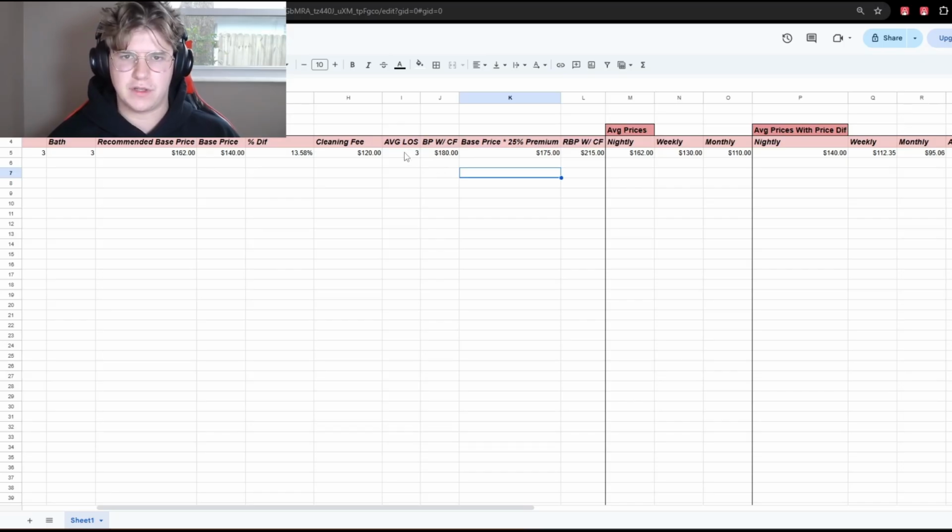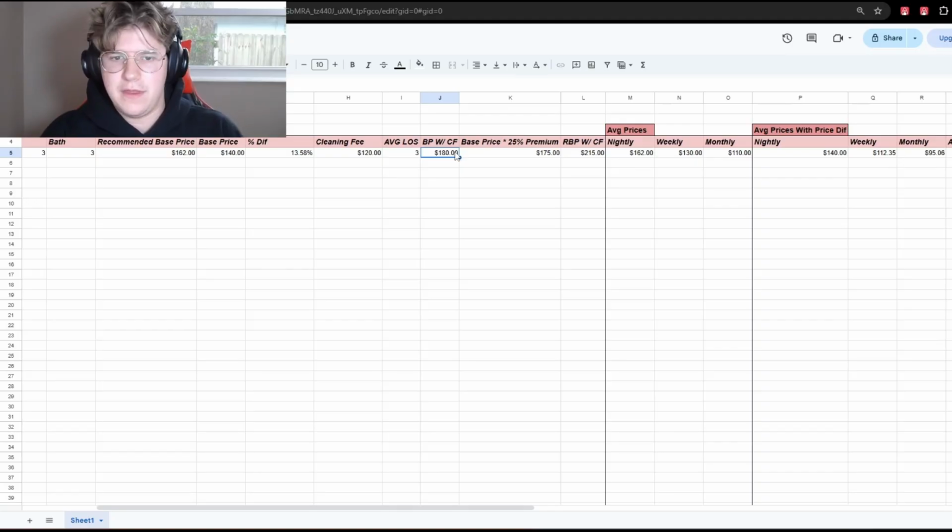So if the average length of stay is 3, it means that on average, a person books to stay for 3 days. So if we want to implement our cleaning fee and get an idea of how it affects the nightly price, we're going to take the cleaning fee and divide it by the number of days that are booked. And then you add that into your base price, and then you get an idea of what people are actually paying to book your place.